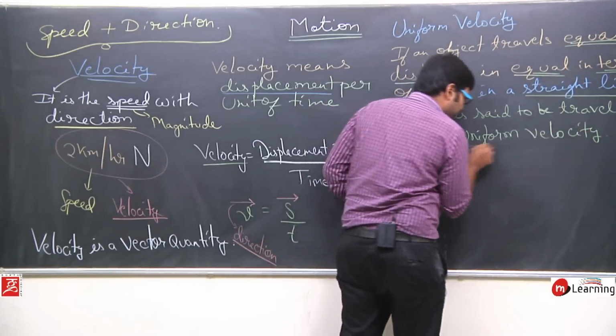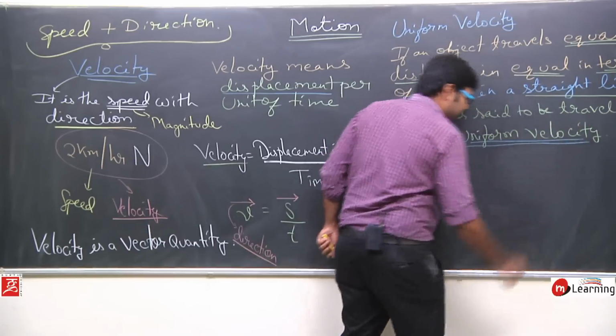So this is the most important definition of uniform velocity.